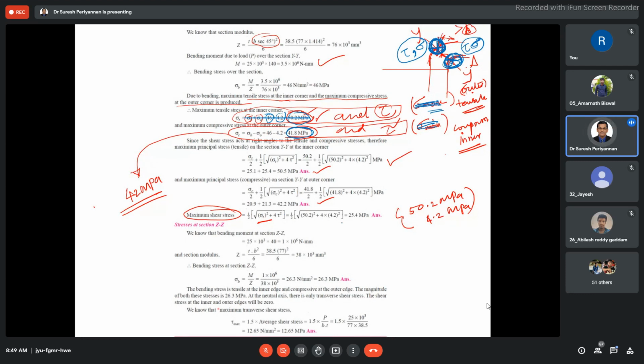Now we came to know that at the outer corner it is 40 megapascal. I first removed some of the things, otherwise it will be confusing.